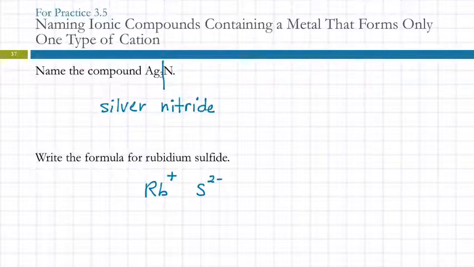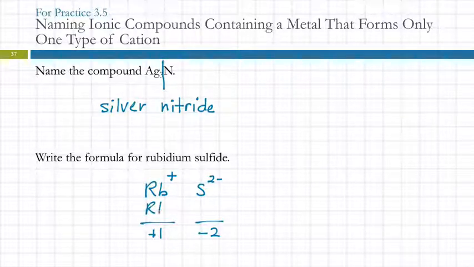How do we put these together so that overall it's neutral? Well, you could do the crisscross thing, or you could think about it. Let's total up our positive and negative charges. Here I've got -2 and I've got +1. That doesn't add up to 0. So I need more positive charges, right?